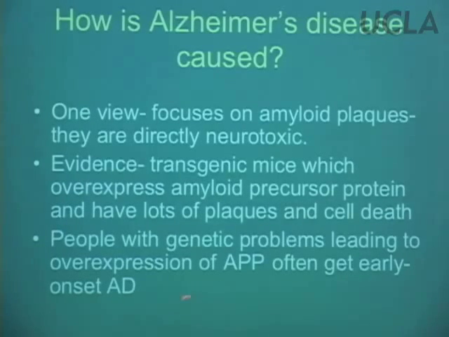Also, there are people who have genetic problems leading to overexpression of APP, the amyloid precursor protein. Sort of like these transgenic mice, they have a mutation that causes an overexpression of APP or a problem with processing it. And this genetic mutation leads to a very early onset, so people in their 50s and 60s in these families get Alzheimer's disease with lots of plaques, suggesting that even if you have a real problem with your amyloid precursor protein or processing it, that's really a cause of AD.